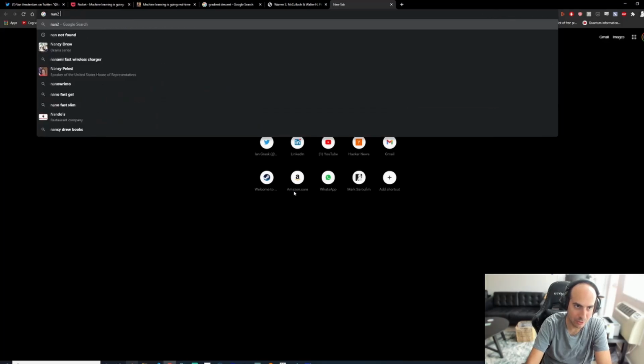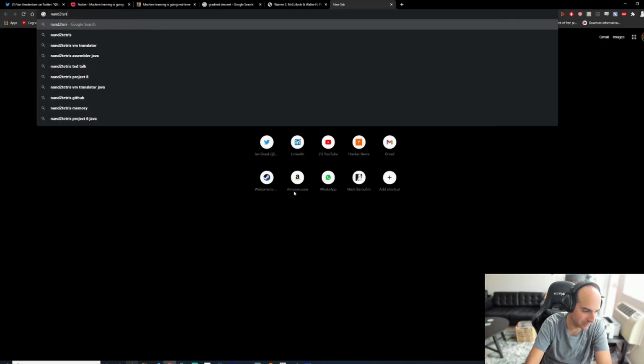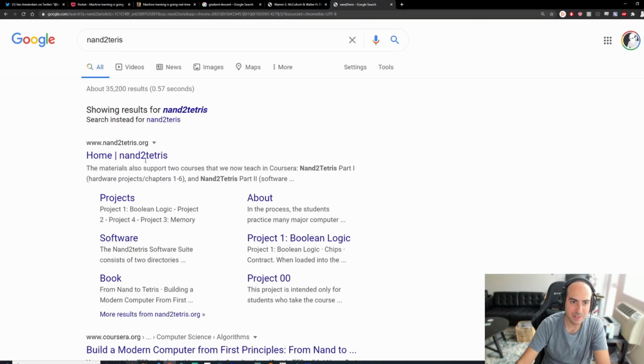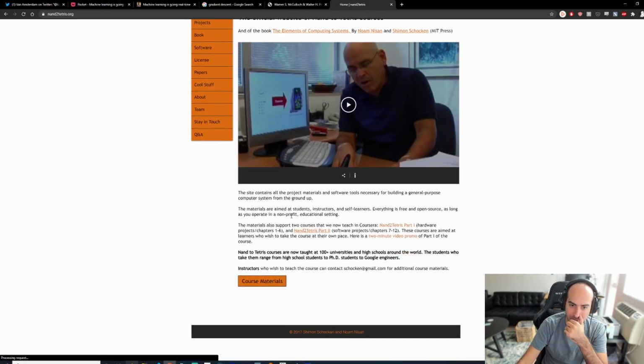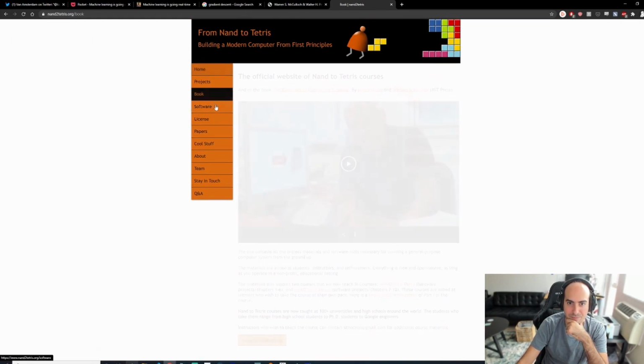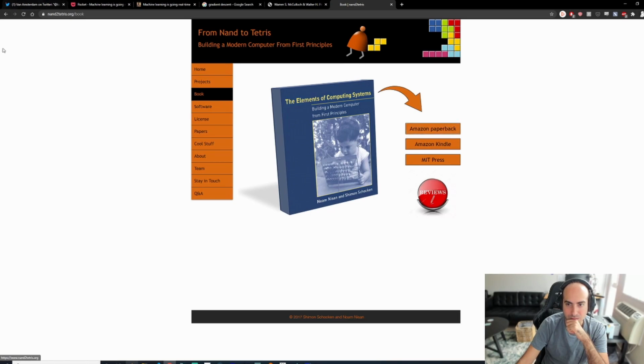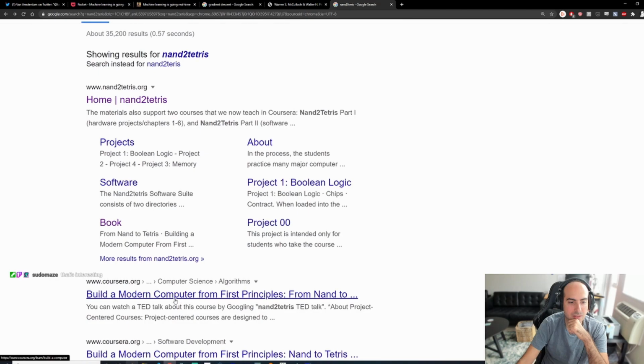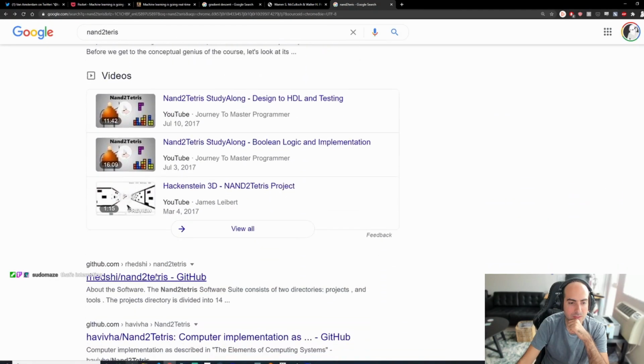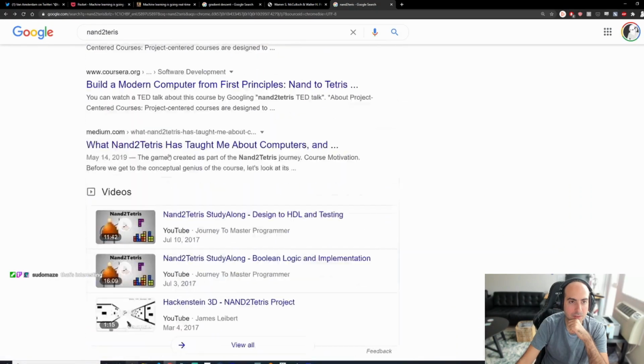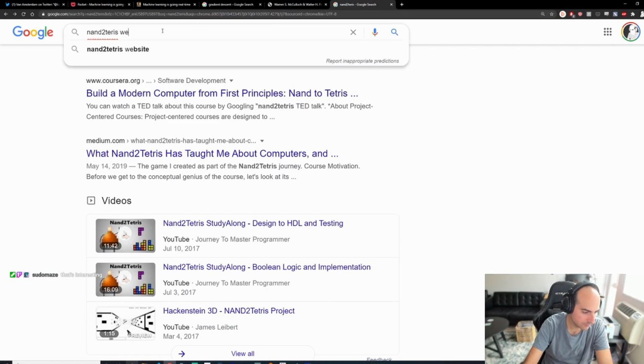I would highly recommend you check out NAND to Tetris. It's an amazing resource that drives this point home. I think there's a free book. There was also, if I'm not mistaken, someone who did a web app where you can do this.